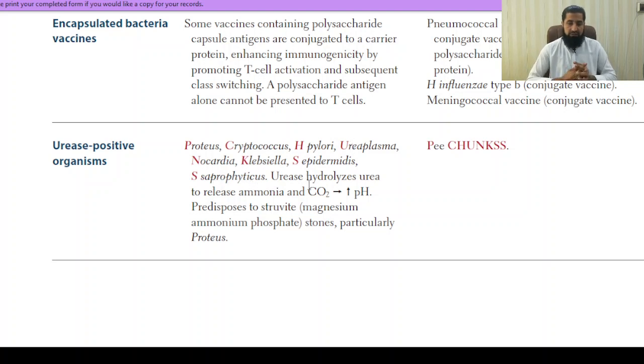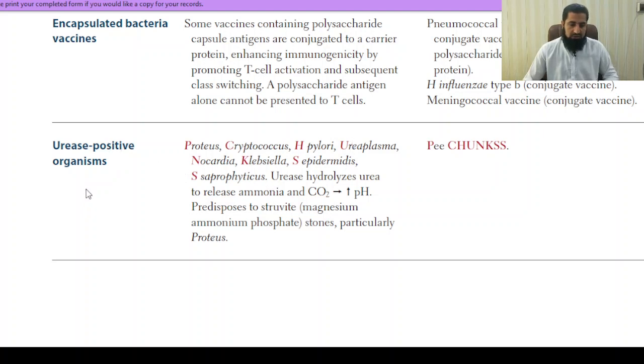These bacteria hydrolyze urea to release ammonia and carbon dioxide, which leads to increased pH and predisposes to struvite magnesium ammonium phosphate stones, particularly Proteus.